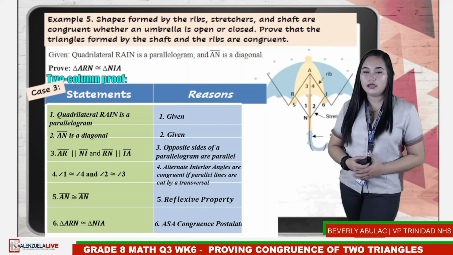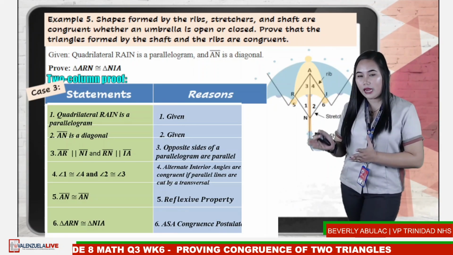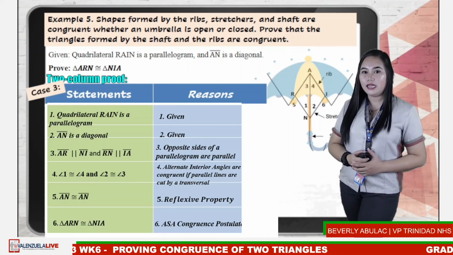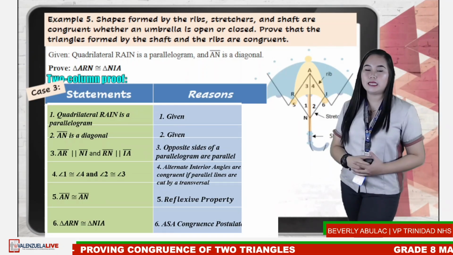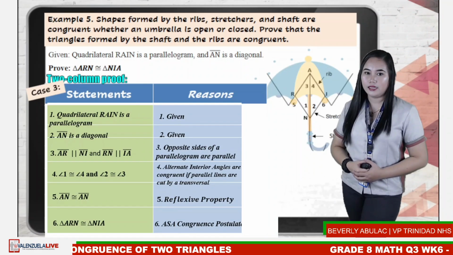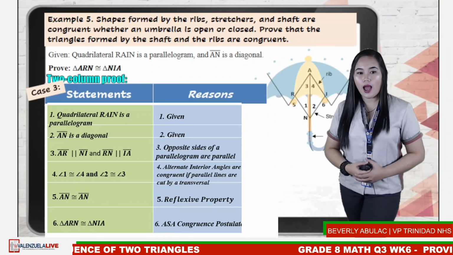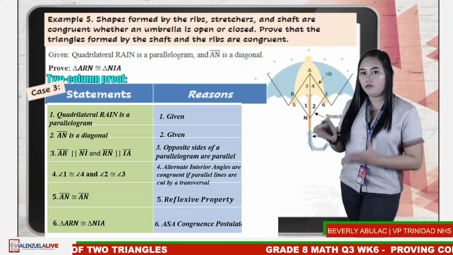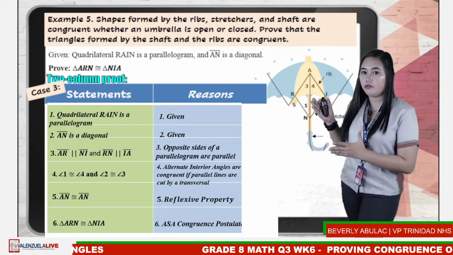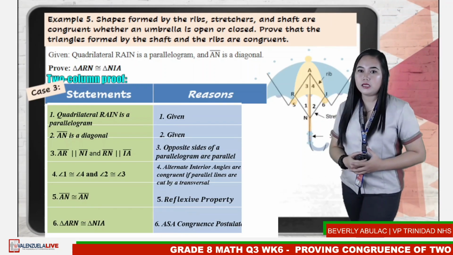Next, angle 1 is congruent to angle 4, and angle 2 is congruent to angle 3, as you can see on the given figure. What is the reason?